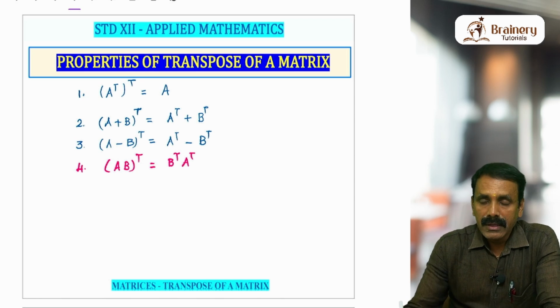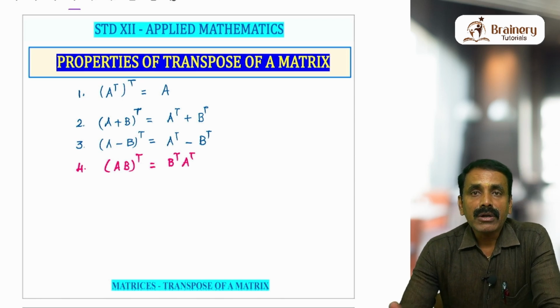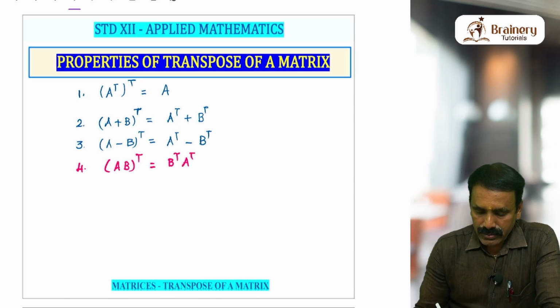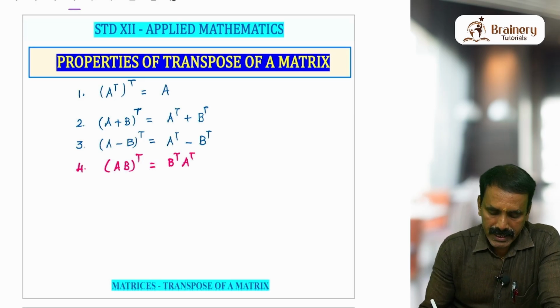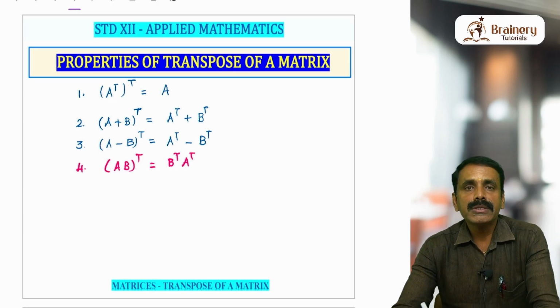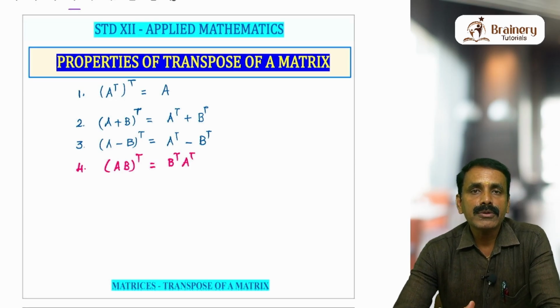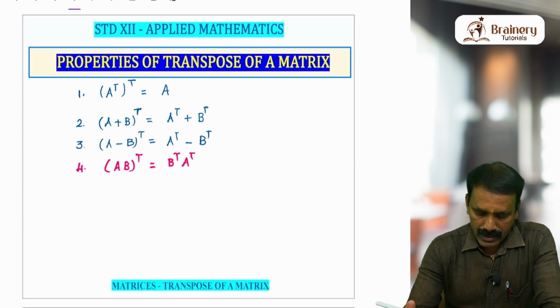Matrix multiplication is not commutative, so we are not supposed to change the order of the multiplication. AB whole transpose will be equal to B transpose A transpose. So these are the properties we are supposed to learn about transpose of matrices.